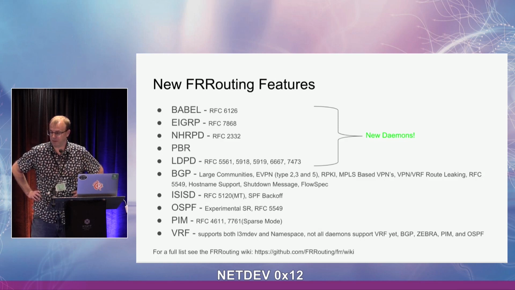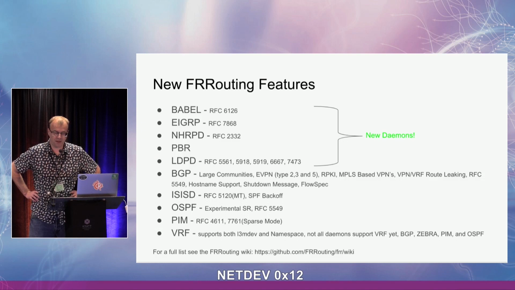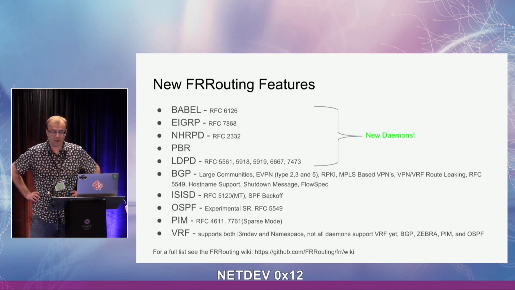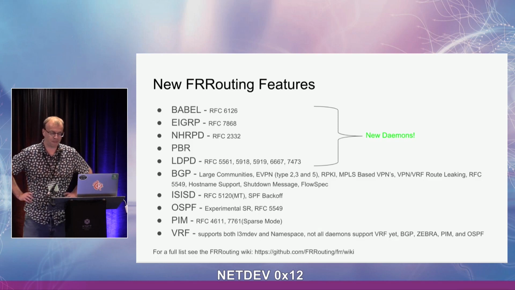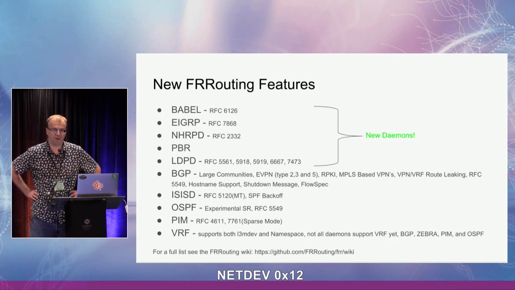You can do MPLS-based VPNs, VPN VRF route leaking. We've implemented RFC 5549. We've added hostname support, shutdown messages, and recently we just got FlowSpec. So most of our work is actually in BGP, and that is the focus of what most people are currently interested in.